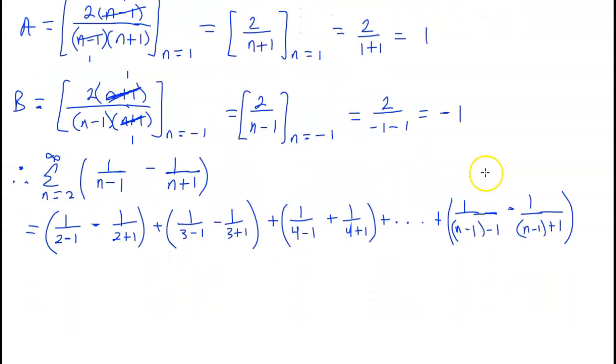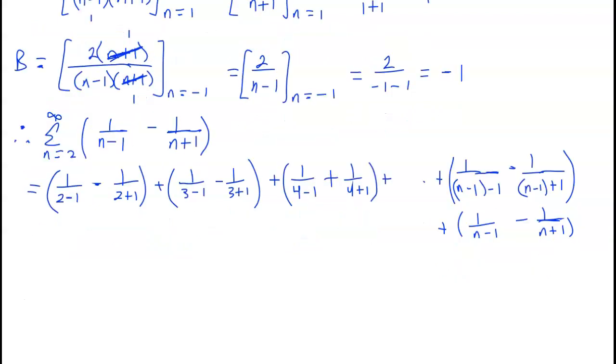And then the very last one is going to be plus 1 over n minus 1 minus 1 over n plus 1. All right, I think I have a slight mistake here. I think that should be minus. Yeah. Okay. All right, so now that we have that, we can actually start listing what's going on here.